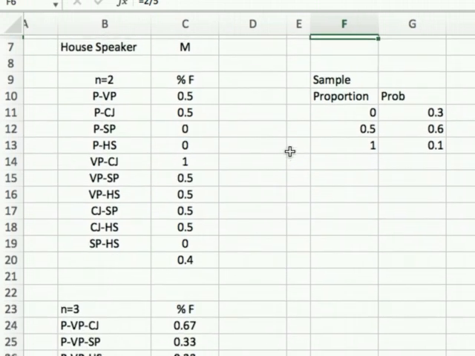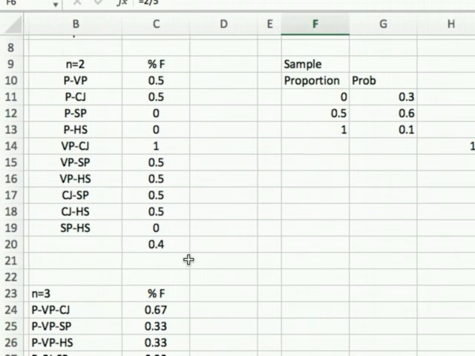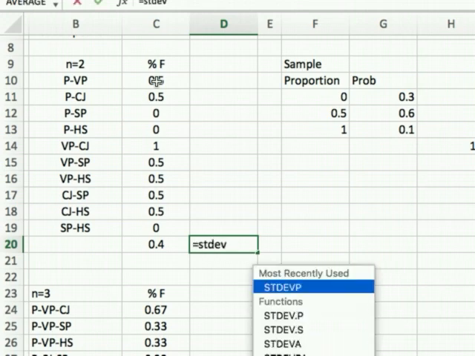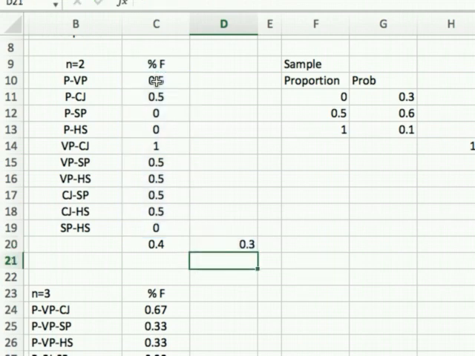So that's the first property. Now for the second property, again, we can compute for the standard dev of all the possible sample proportions. So again, that's STDEV.P of these 10 sample proportions, and you'll get 0.3.